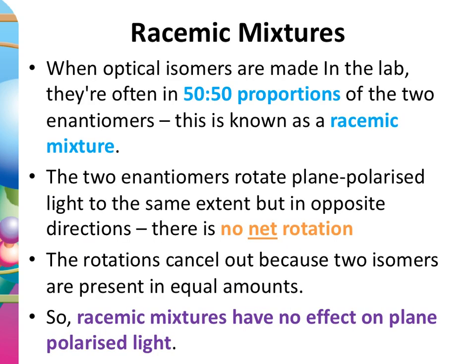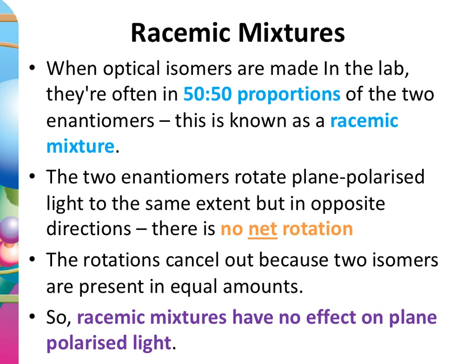Now, when we make optical isomers in the lab, they're typically made in 50-50 proportions, i.e. we'll get 50% of one of the optical isomers and 50% of the other optical isomer. We'll understand better when we do the next topic, which this leads into, why we get a 50-50 proportion.